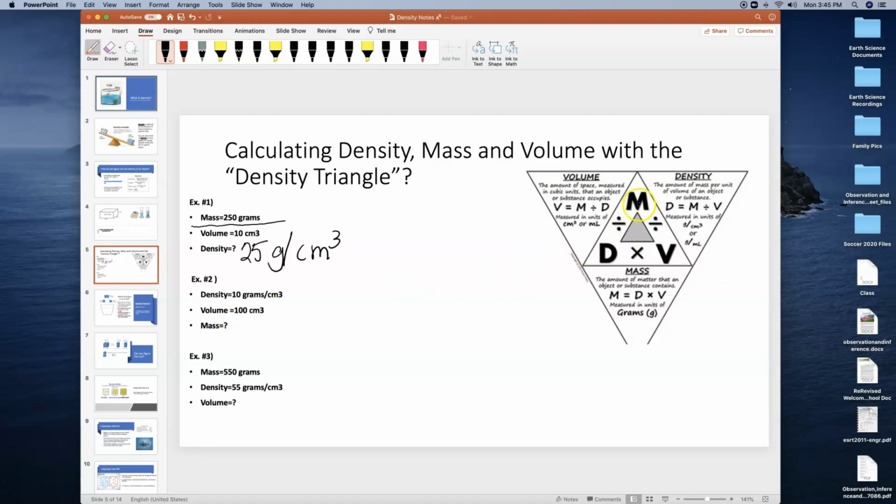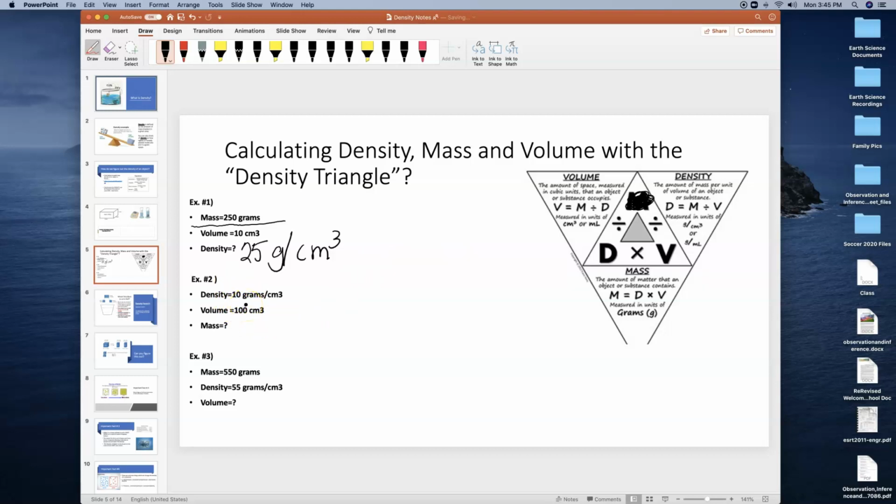So if I go over to my density triangle and I cover the mass, your D for density and your V here are left on the bottom together, and between them is your multiplication sign. So if I do D times V, I'm doing 10 times 100, or 100 times 10, same thing.